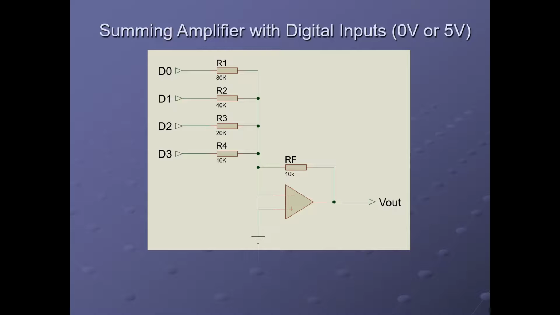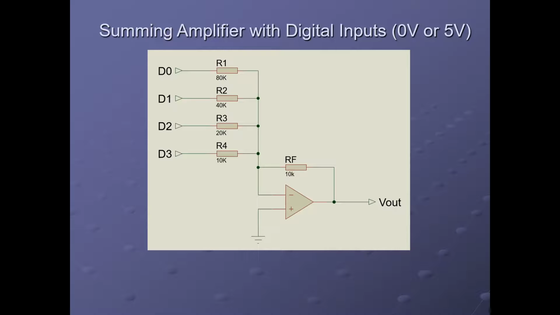Okay, so when we look at these resistors, we have a funny sort of sequence. We've got 10k, 20k, 40k, 80k. Each one is double the value of the other one, or looking at it the other way, it's half the value of the other. What that's called is a binary weighting. These resistors are chosen specifically for those values because each value doubles in size.